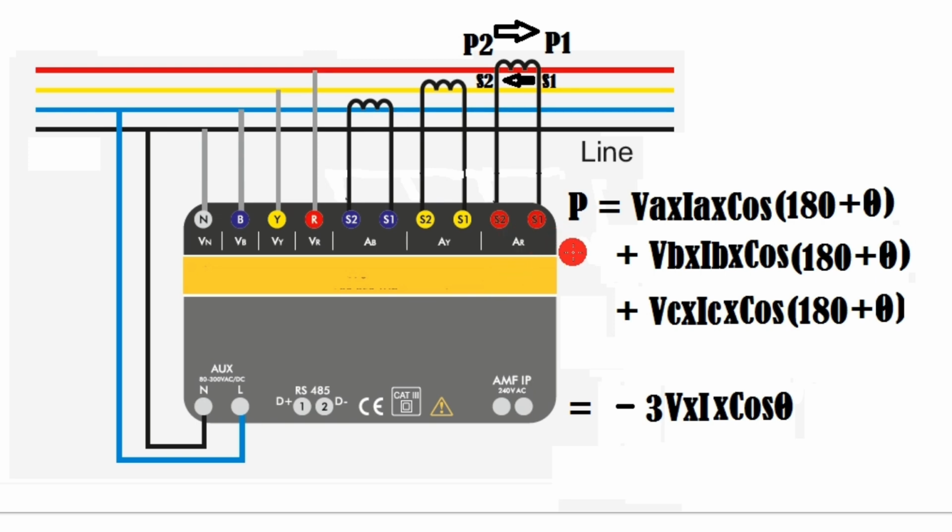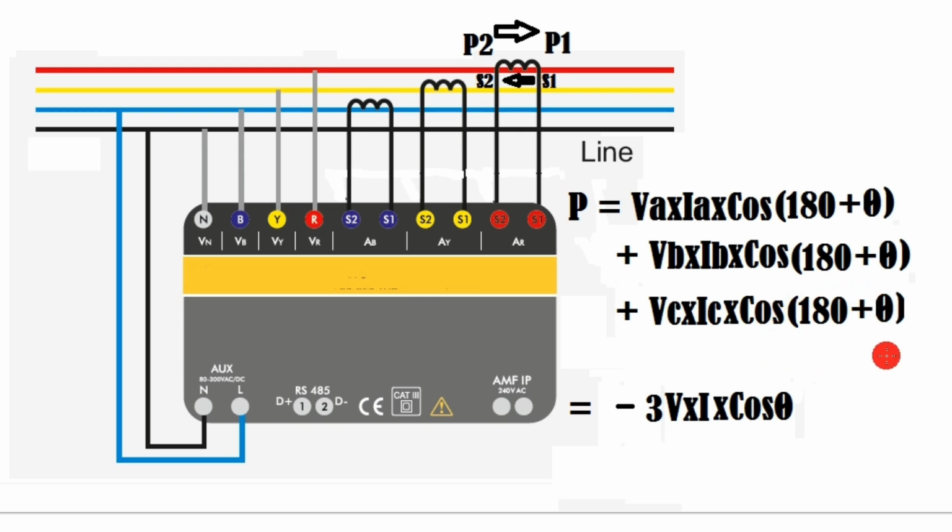So in this case, the total power will be the sum of the three phase powers. For red phase, the power is VA into IA into power factor. Here the power factor comes as cosine of 180 plus theta. Similarly, for yellow phase it comes as VB into IB into cosine of 180 plus theta, and for blue phase it comes as VC into IC into cosine of 180 plus theta.